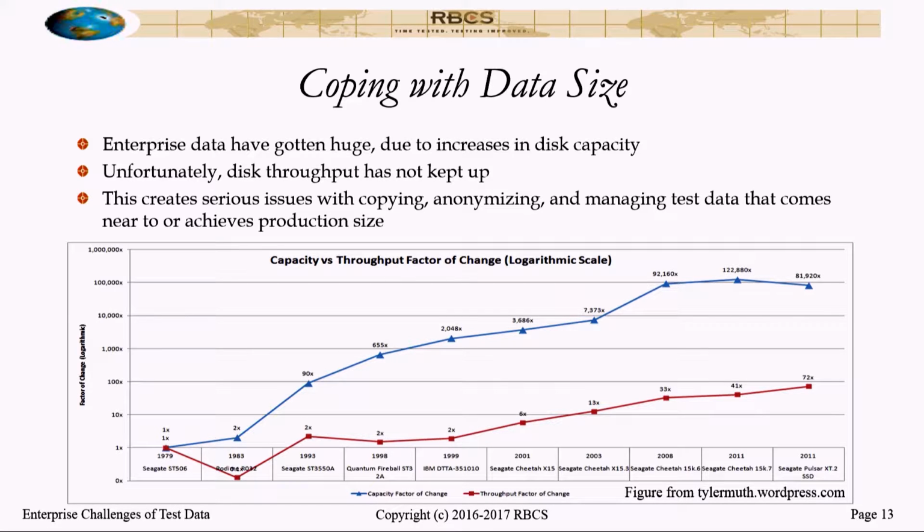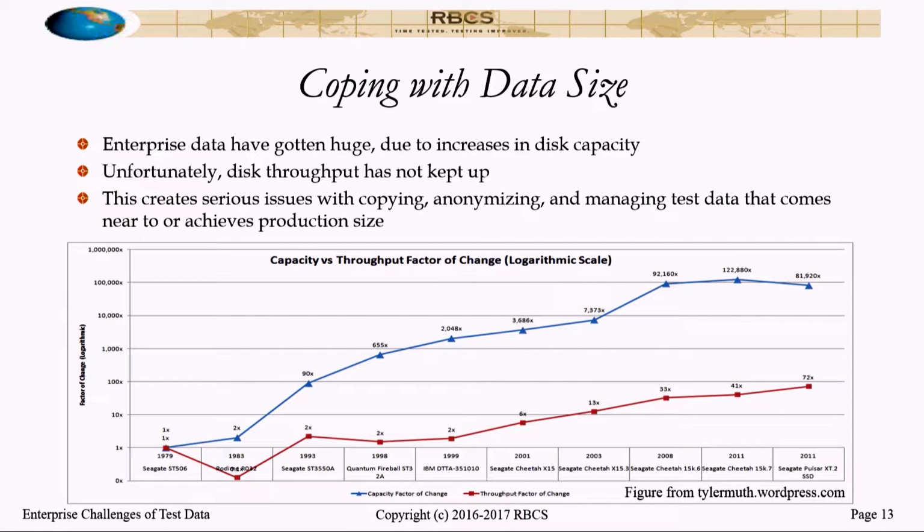So every line there is an order of magnitude jump. The blue line is capacity increase over time since 1979. And the red line is throughput. See that? Oh, no. 10, 100, 1,000. Oof. It's a 1,000-fold change there with respect to the relationship between capacity and throughput.